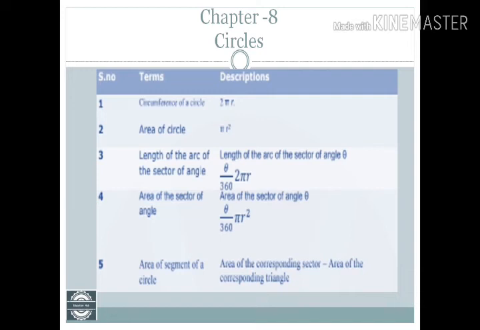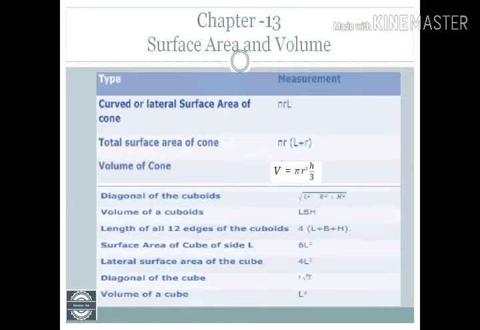Now directly we are coming to chapter 13, that is surface area and volume. Before starting this, I have to tell you, here I am giving only the formulas. In our next lecture, an elaborate discussion of each topic will be there. Now come to chapter 13.